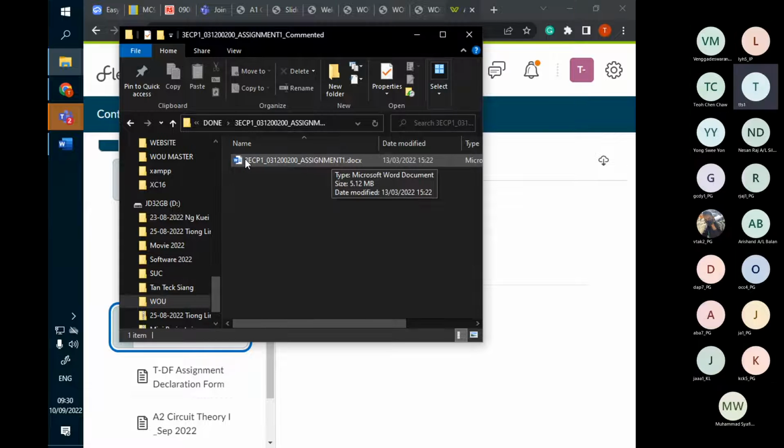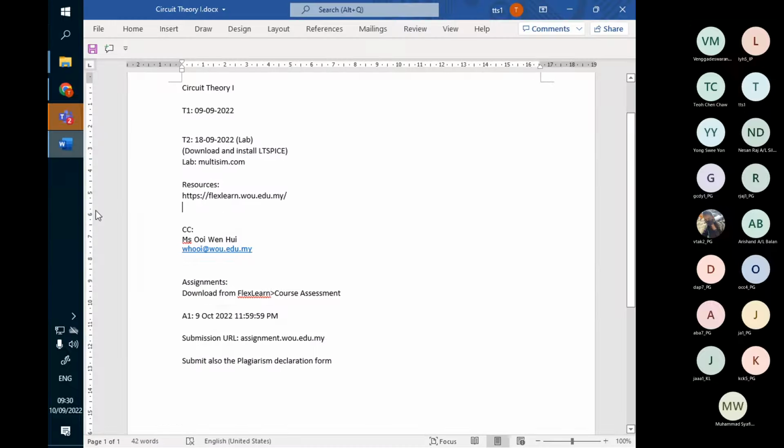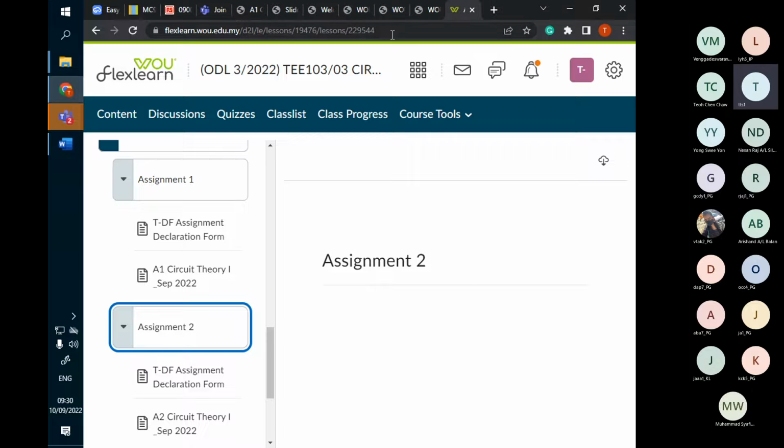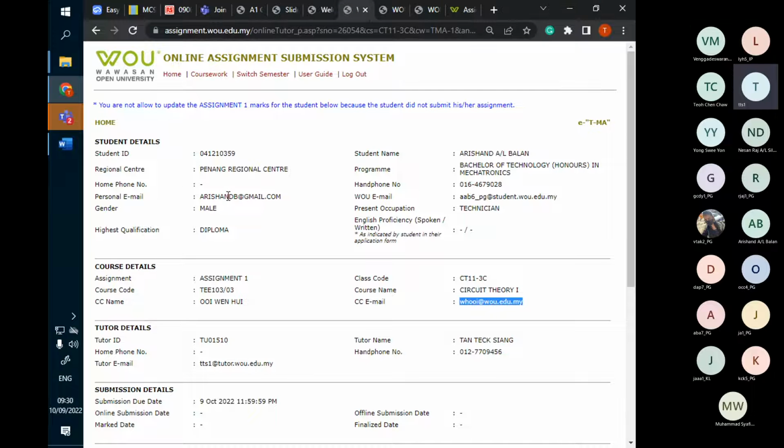So this is how we name our file. This is called the file naming convention. I think this one is policy again. You need to name it in such a way. This is the class code. Let me show where's the class code.